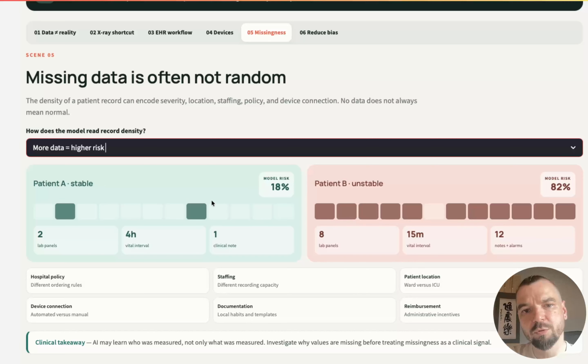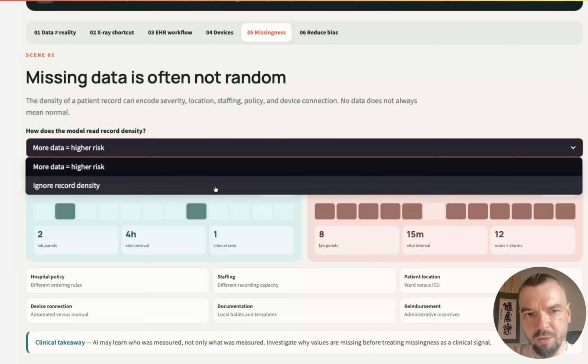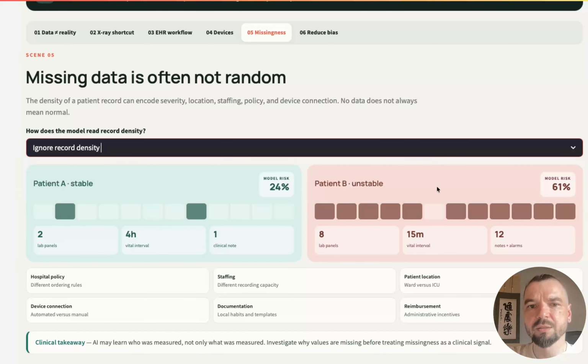And for a patient that was stable, we have just a few measurements and one note, and the model thinks it's low risk, but it was trained that way because all unstable patients had more measurements. If we ignore record density, actually the risk for this patient is higher and for this patient is lower, because in reality it doesn't matter how many times we take results.